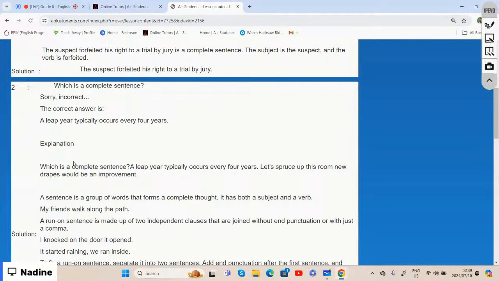We can also fix a run-on sentence by rewriting it as a compound sentence. When we write it as a compound sentence, we join the two independent clauses by adding a comma as well as a conjunction. And a conjunction is words like and, but, or, and so. That is how we can fix run-on sentences.